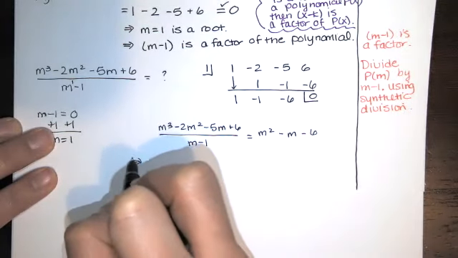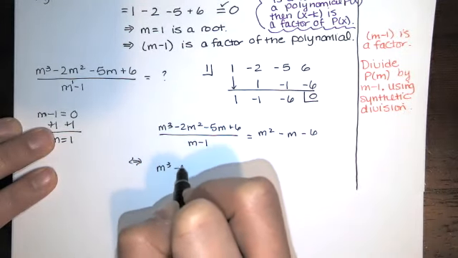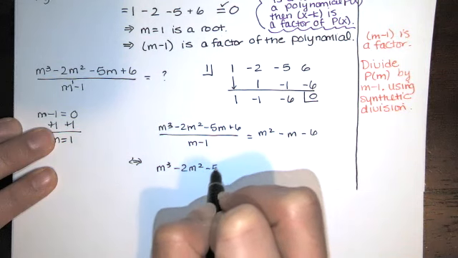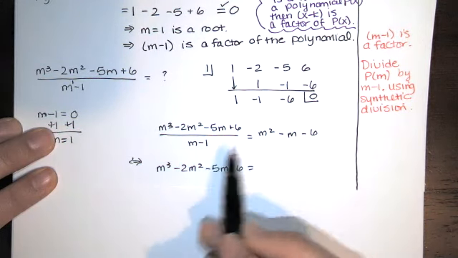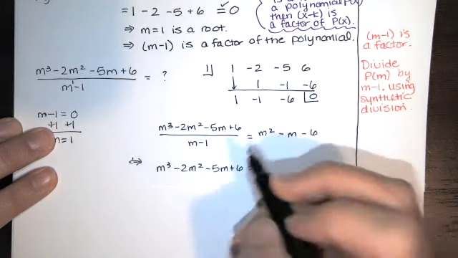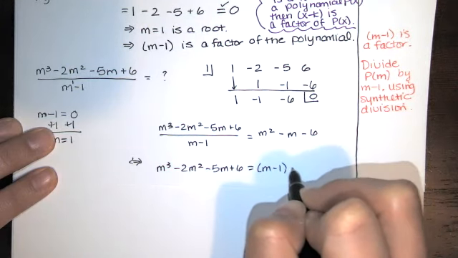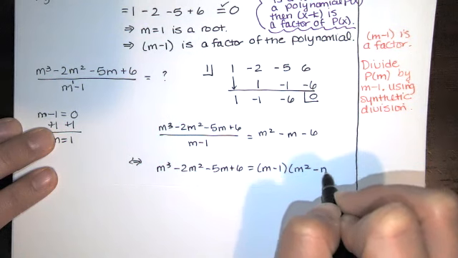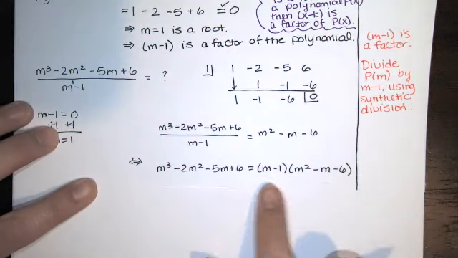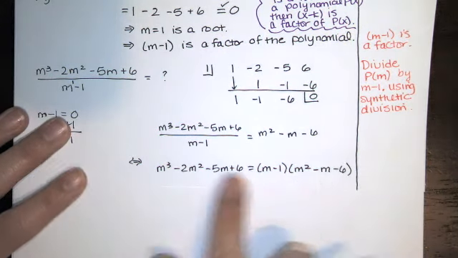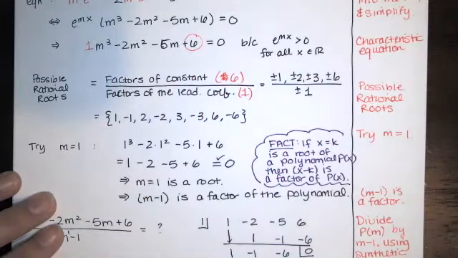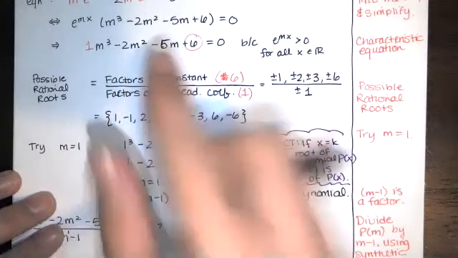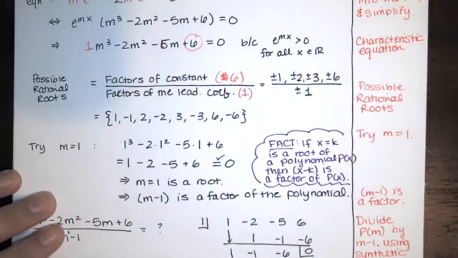Or alternatively, you can take that cubic polynomial and you can write it this way. It's this times this. So we have m minus 1 times m squared minus m minus 6. And remember, we want this cubic polynomial to be 0. We're trying to find the values of m that make that 0. So I'm still doing that. I'm going to do that on the next page.